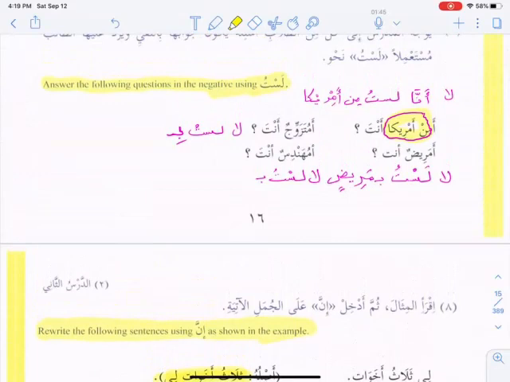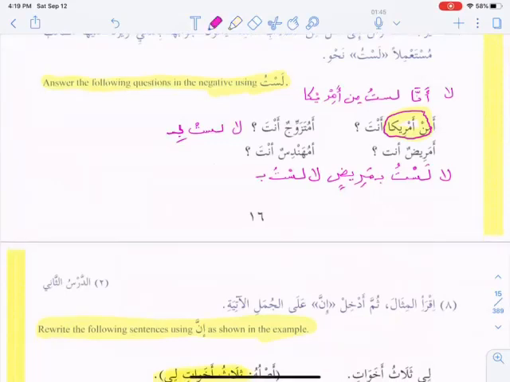Just write down correctly the ways the sentence is to be written, paying particular attention to harf jar B. If there's already min or fi in the sentence, then you don't have to use B. Okay? See? Ana lastu min America.